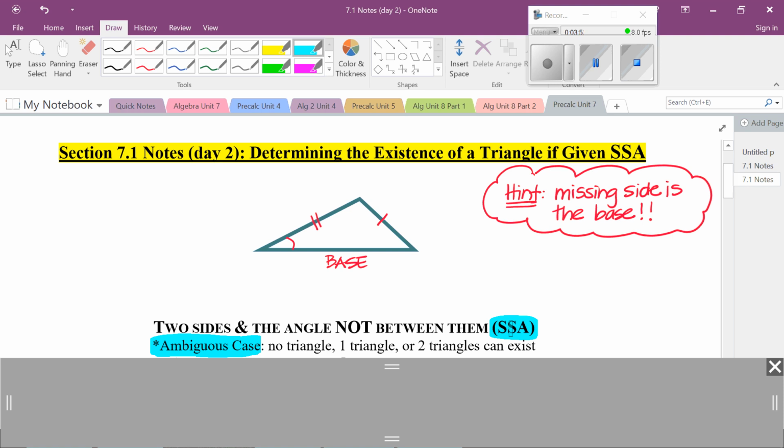Ambiguous means unknown. So when I give you a triangle that's SSA, you don't know if it's going to form a triangle at all, one triangle, or two triangles. That's always going to be your first step before you even try to solve. I'm warning you, a lot of times people aren't careful. They start solving the triangle using the law of sines and think they're done, but it can happen that there was no triangle possible or that there were two triangles possible.